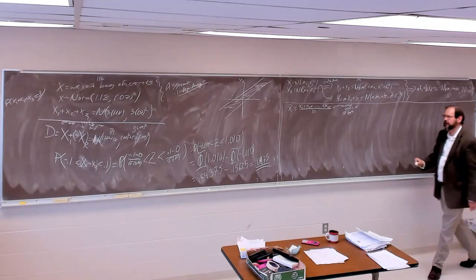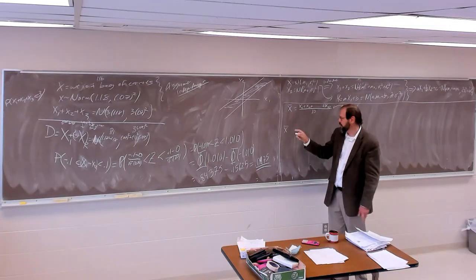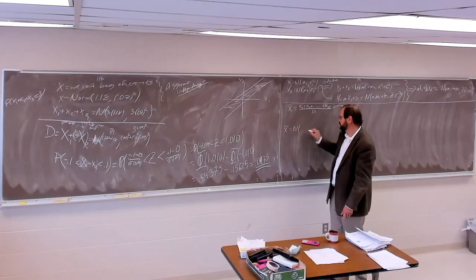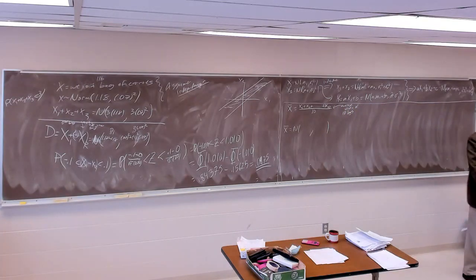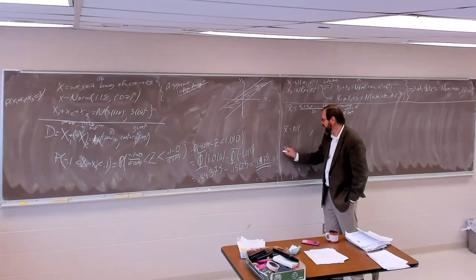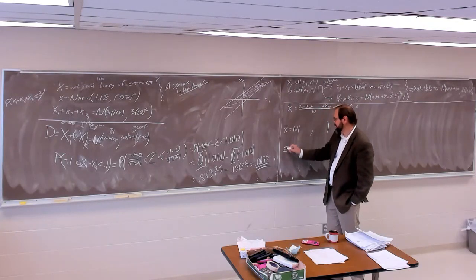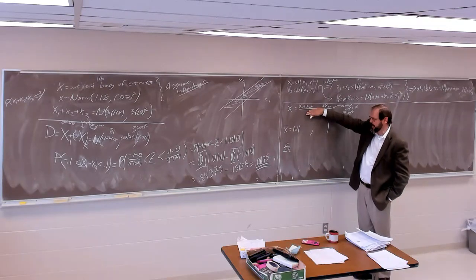Now, my claim is X bar is a normal random variable, and we just have to figure out what the parameters are. Because, for instance, when I add 10 copies of these things together, I'm just going to look at the numerator for a second.